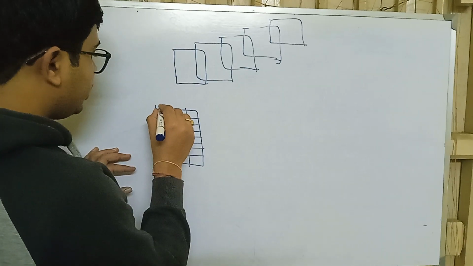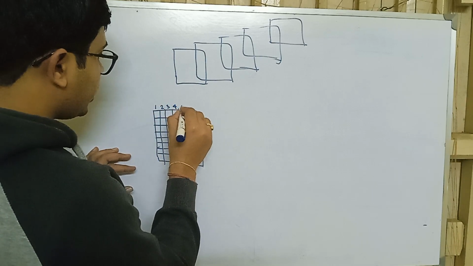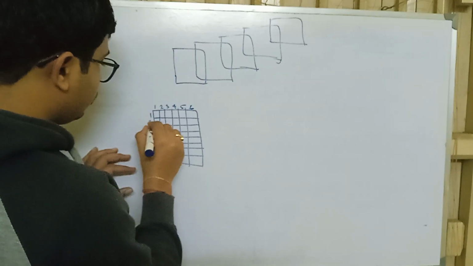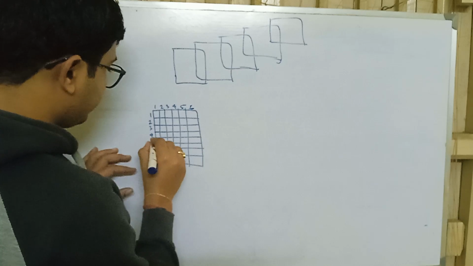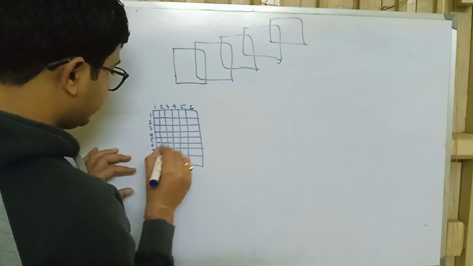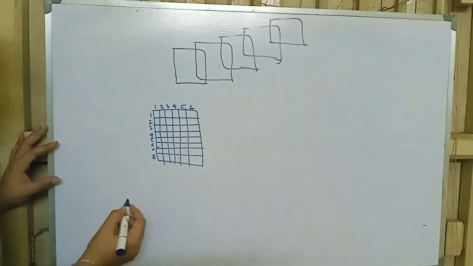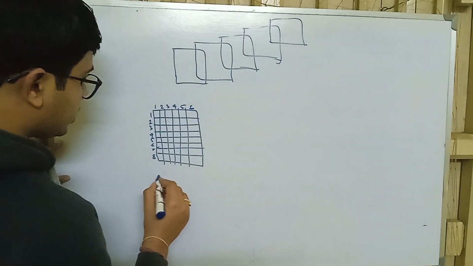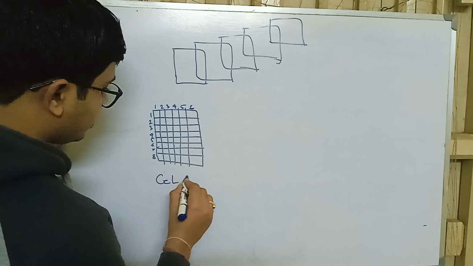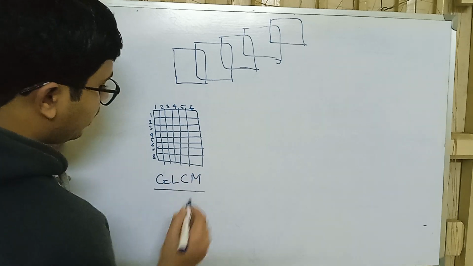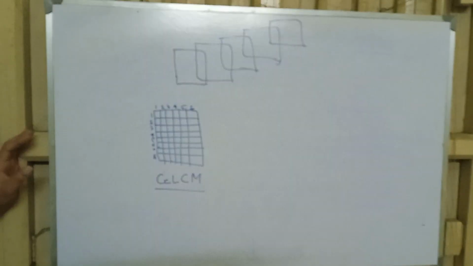Say this is 1, 2, 3, 4, 5, 6, and 1, 2, 3, 4, 5, 6, 7, 8. This is a texture matrix. Texture is calculated by GLCM, the gray level co-occurrence matrix.